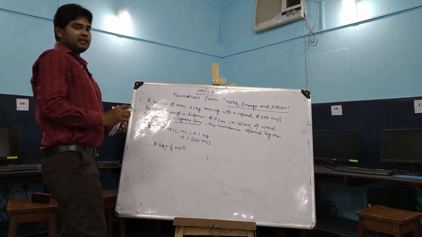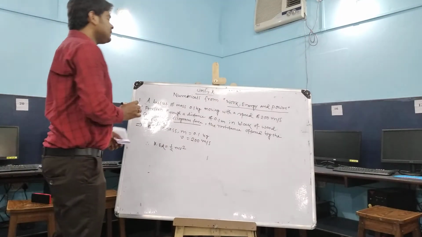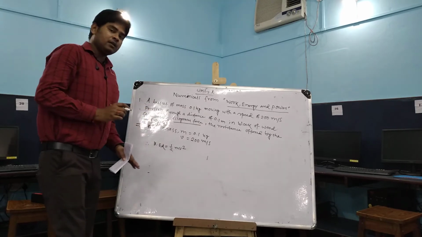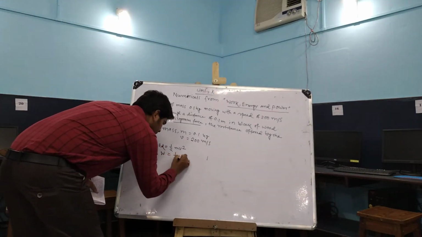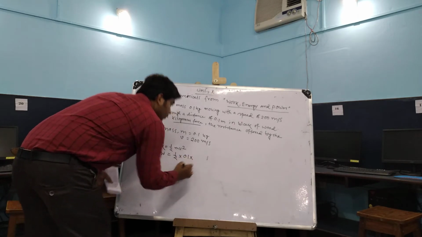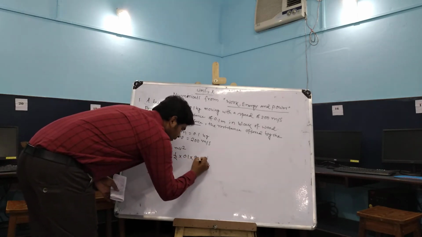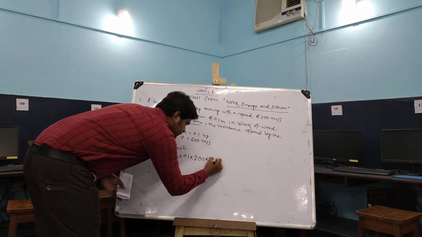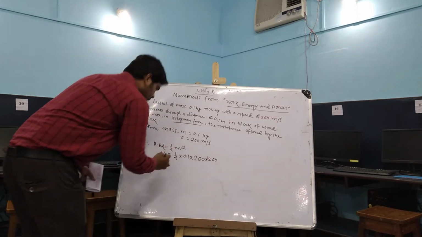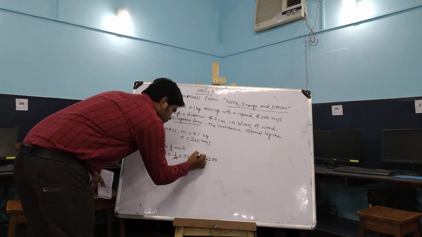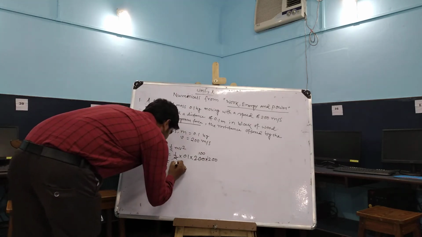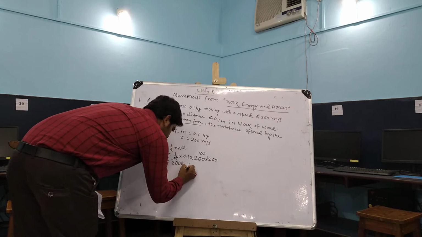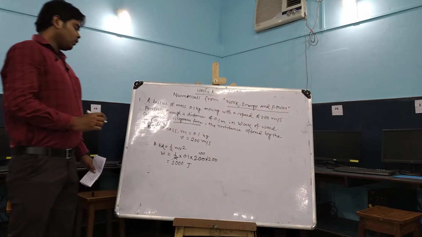This kinetic energy is also equal to the work done by the bullet. So I write here half into 0.1 and the value of v is 200, 200 into 200. So we get 2000 joule. This is the work done.